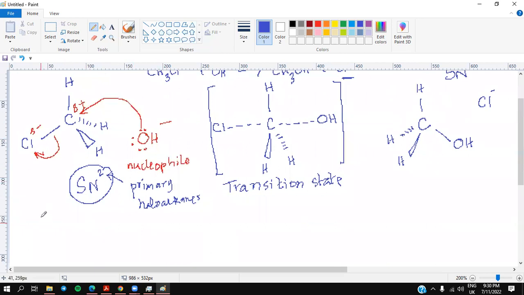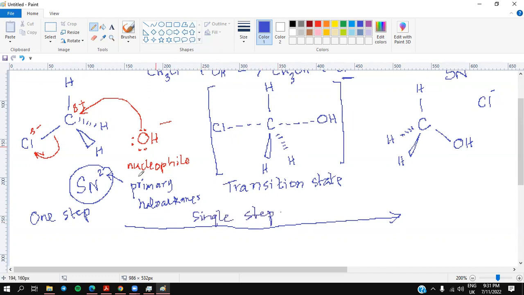So these Sn2 reactions are one-step reactions. From here to the products, the reaction happens in a single step. But remember, Sn2 reactions are shown by primary halogenoalkanes, and these are single-step reactions.